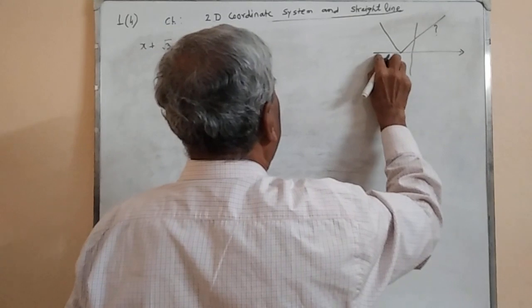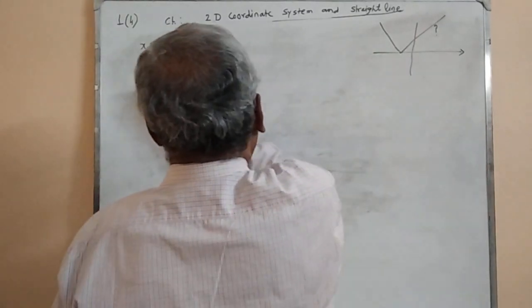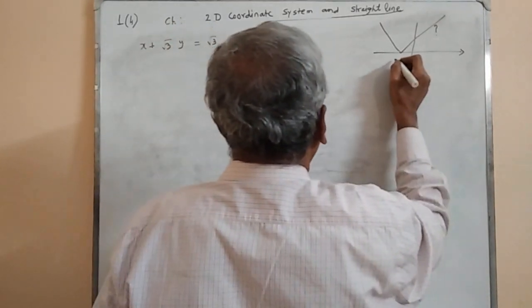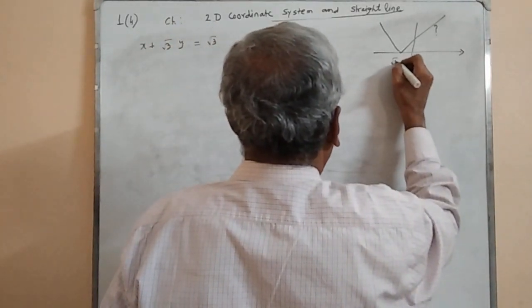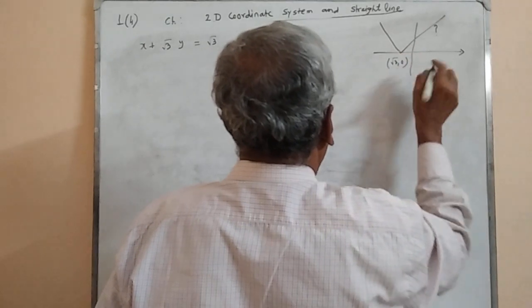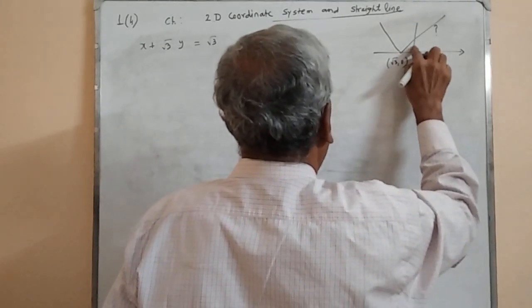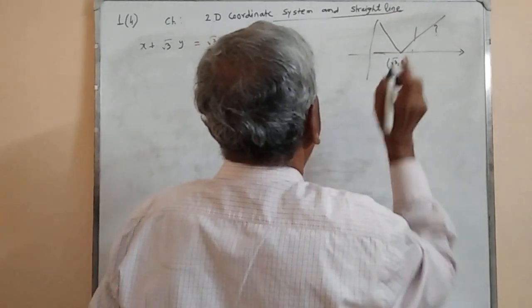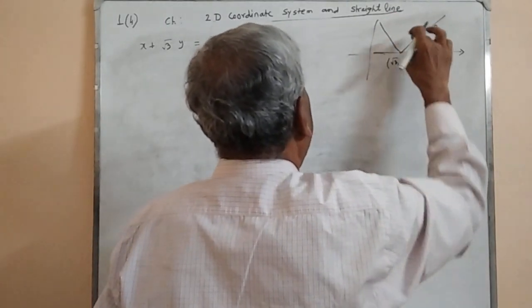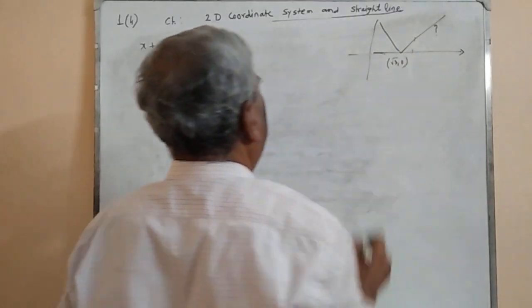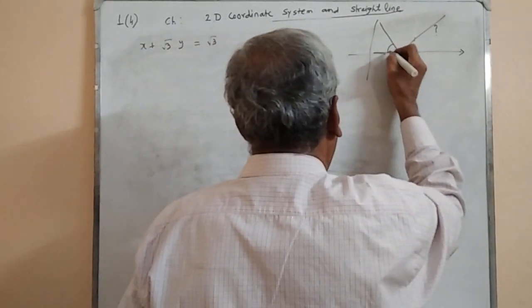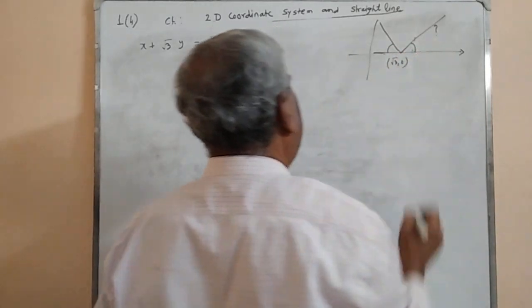This is y is equal to 0 and this is that. Then if we put y is equal to 0 there, this is equal to root 3 comma 0. Don't write that the origin is here, the origin is somewhere there. So anyway, this is root 3, 0. And it is clear that this angle and that angle are the same.